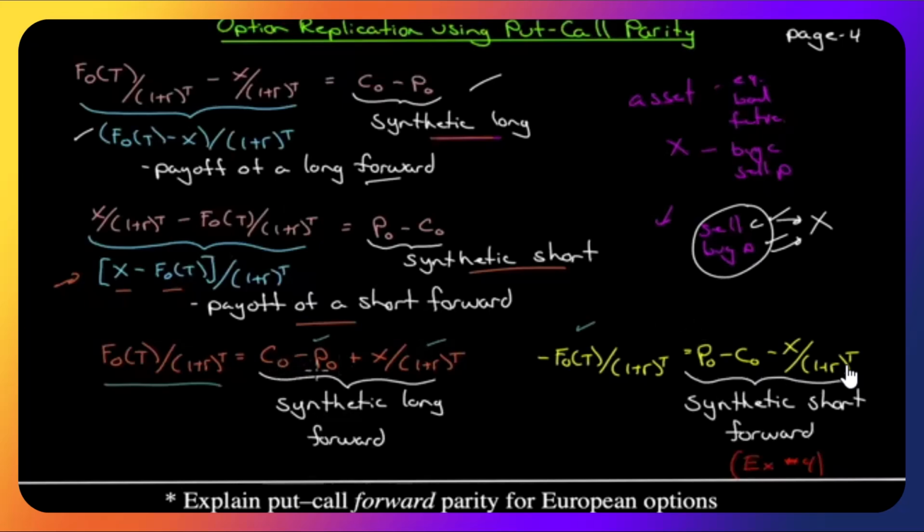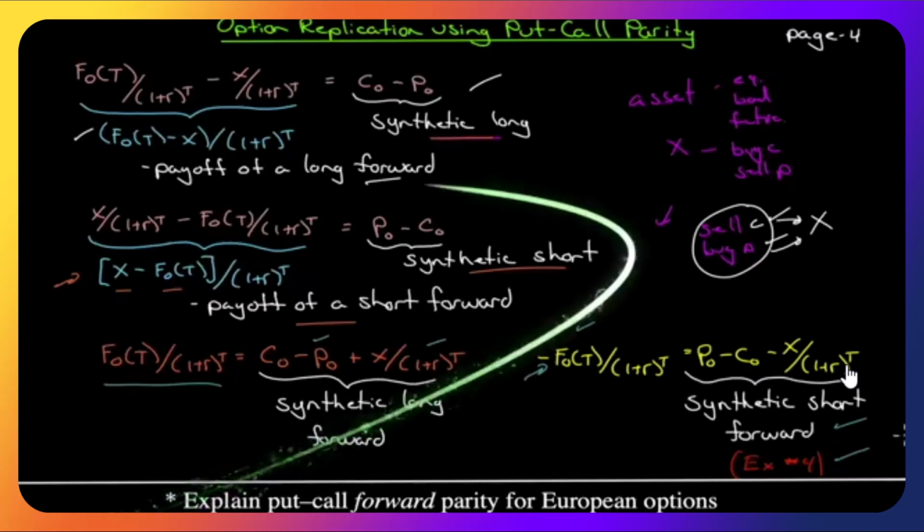And instead of C minus P, you'll have P minus C. Instead of plus a bond, you'll have minus a bond because you're borrowing at this point. This is called a synthetic short forward. Why? Because the negative sign in front of that means we're short the forward. So we can create a long forward position or a short forward position if there are options on the underlying.